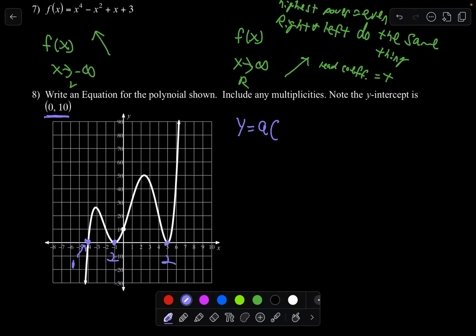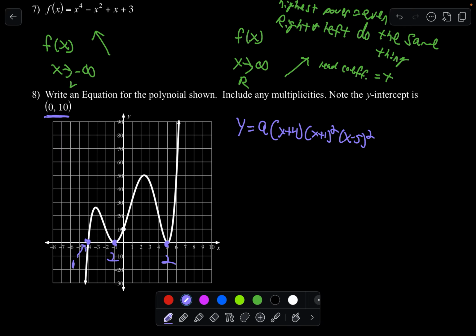And it'll be x, that was at -4, so it'll be x plus 4 times x plus 1 squared and x minus 5 squared. The reason they're squared is because at those points, the graph bounces. So there's your basic equation.